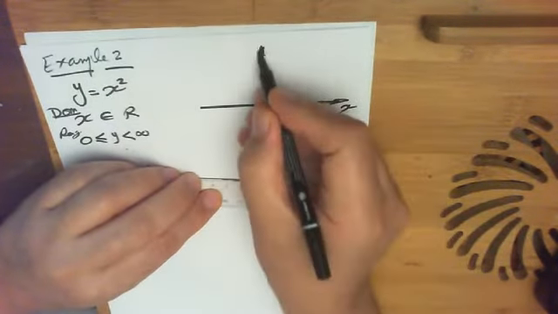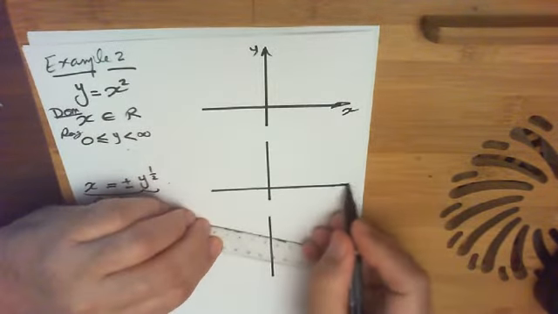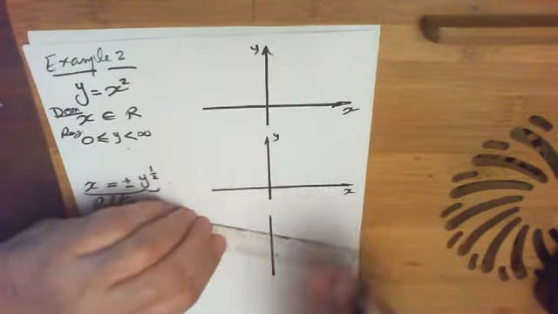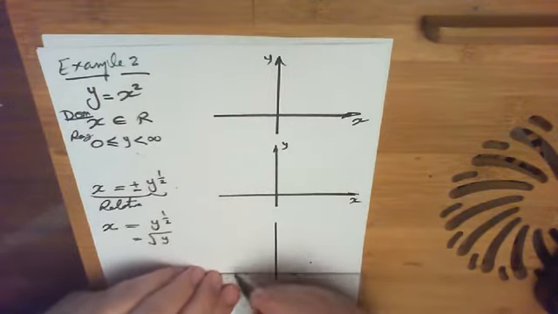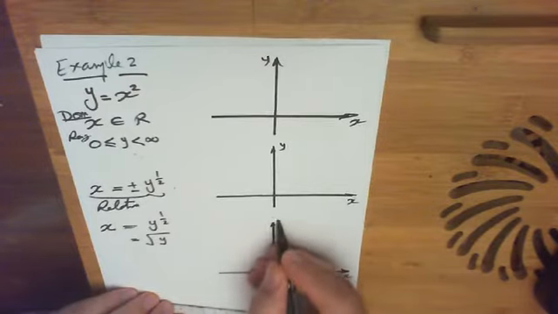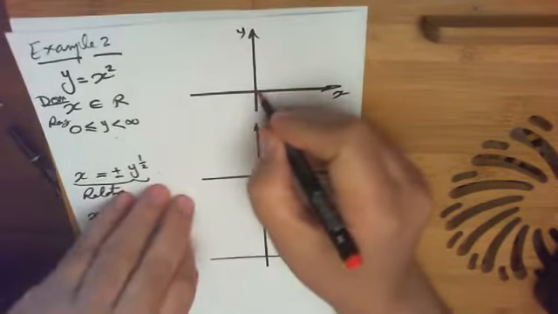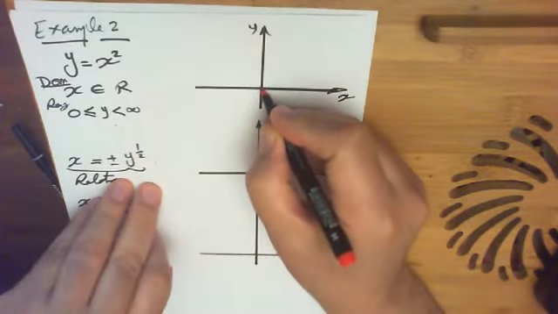X, Y. Okay? For the first function, its graph is like this.